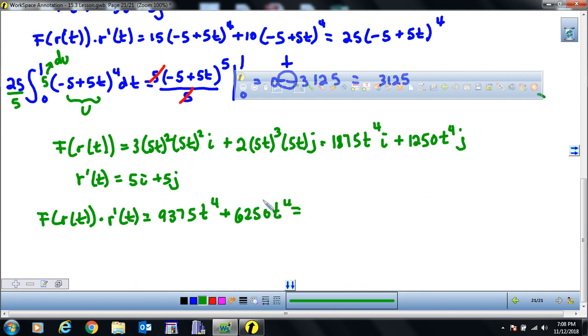When I combine them, that would be equal to 15,625 t to the fourth power.